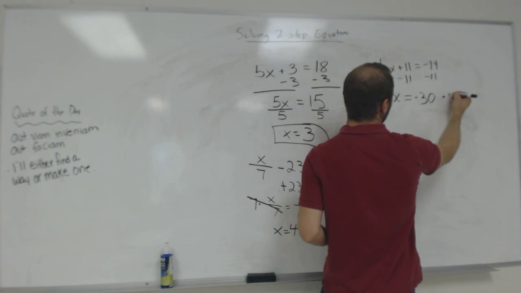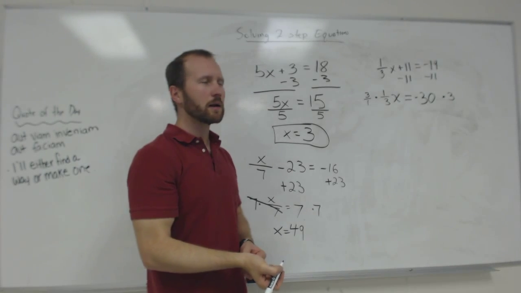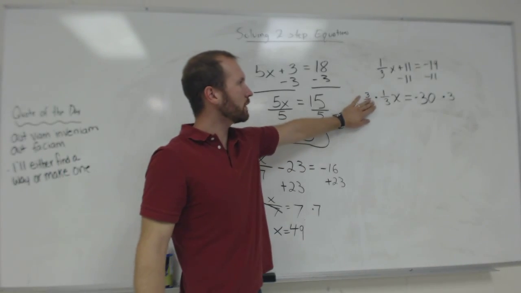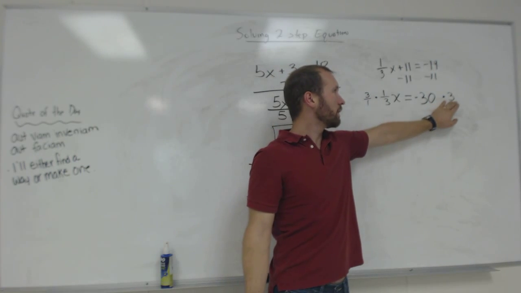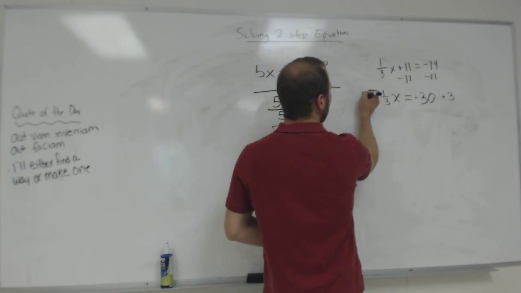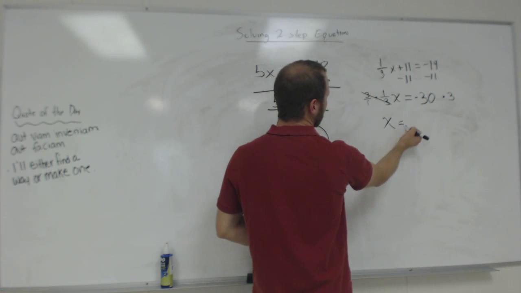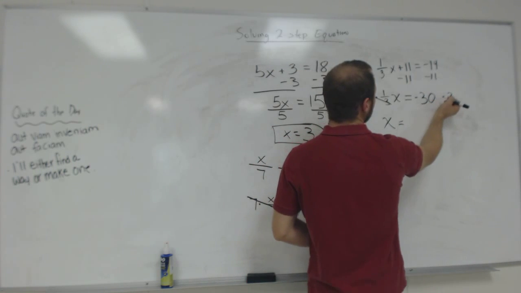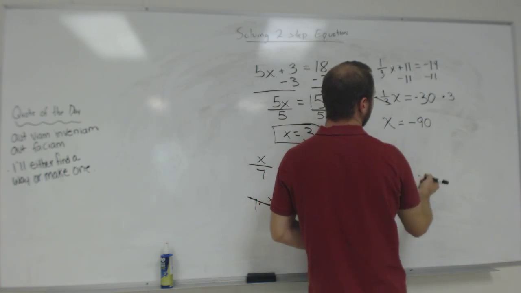So I'm going to just multiply by 3. Right? I'm kind of ignoring the over 1 because it doesn't make a difference. 3 and 3 over 1 are the same. This will cancel out. Boom! Leaving me with just x over here. Equals negative 30 times 3, which is negative 90.